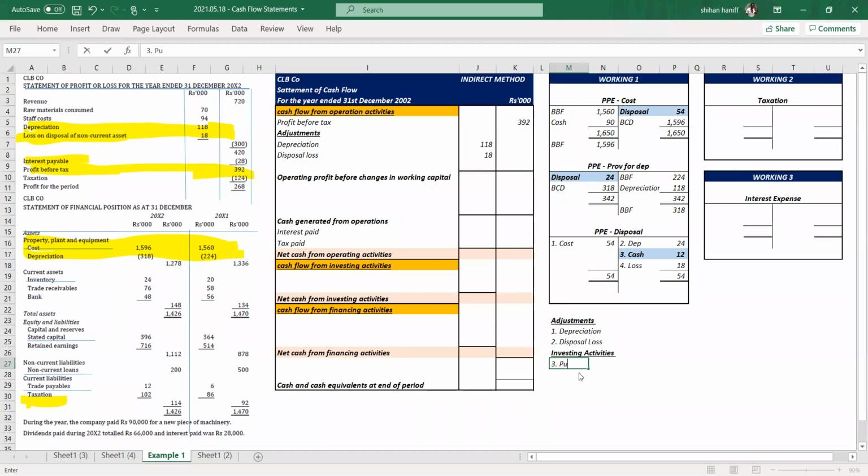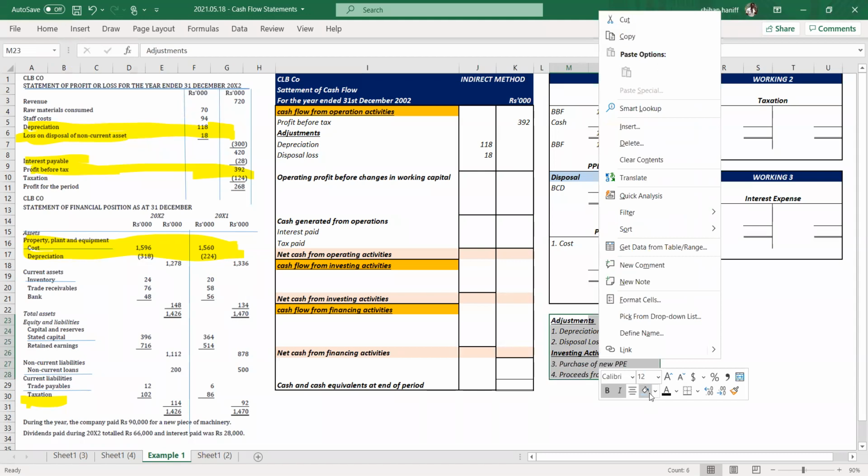One is purchase of new PPE, the other is proceeds from disposal. These are the four transactions related to the PPE.